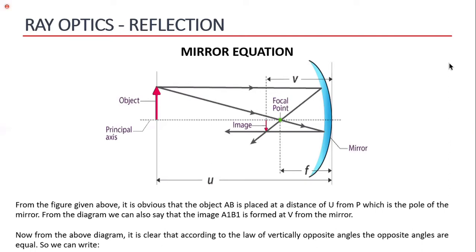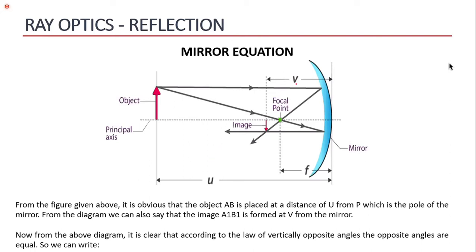That's the reason it is important to understand the relation between focal point, image distance, and object distance. Now you understand why you are studying the mirror equation and lens maker's formula.